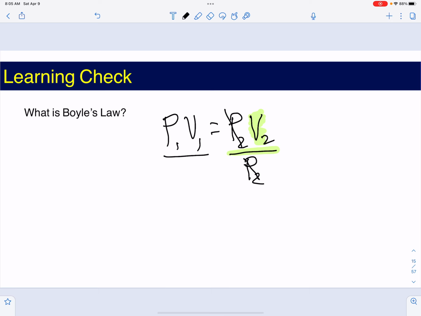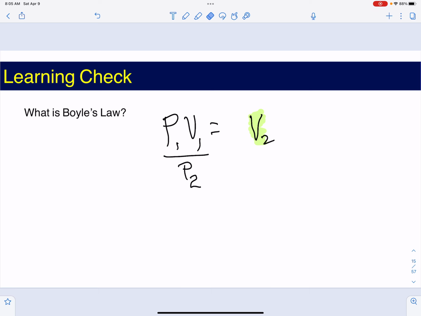Whatever I do on one side, I have to do on the other side. So since I just canceled that, I'm going to take it out. That way, V2 equals P1 V1 over P2, which is basically what we did in our first chapter when we practiced solving for x. So make sure you don't forget that.